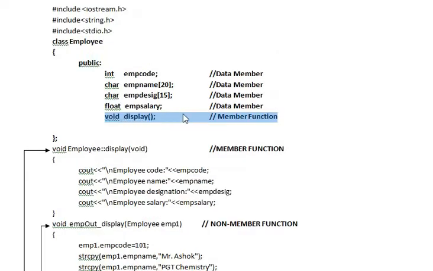There is only one member function inside this class employee, and that is the member function display. The function empout_display has not been declared inside this class known as employee. So this is a non-member function as it is not present inside this class employee. So display is the member function and empout_display is the non-member function.